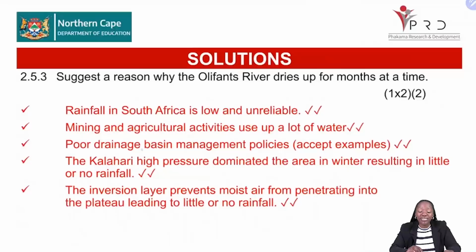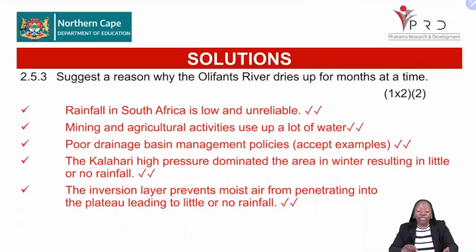Then your poor drainage basin management policies, and also we're looking at the Kalahari high pressure that is dominant over the area in winter. Remember, the Kalahari is dry also, and the cold air is sinking. So there is no cumulonimbus, there is no formation of clouds, which means there will be no rainfall.